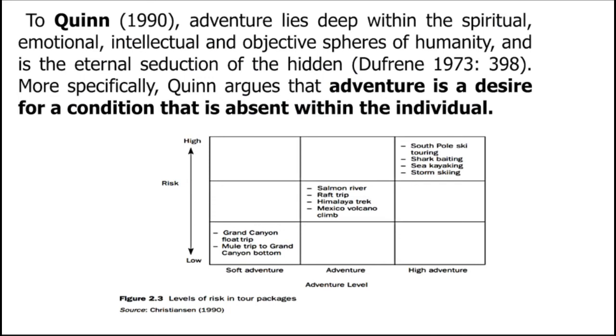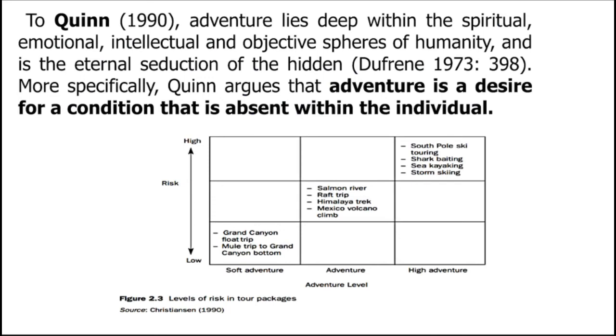But according to the figure here, there are levels of risk sa mga tour packages na kukunin natin. So we have here the soft adventure. Okay? We have here the soft adventure, the adventure, and the high adventure. So, yung tatlo na yon tinatawag natin is the adventure level. At yung adventure level na yon, meron siyang karampatan na risk.